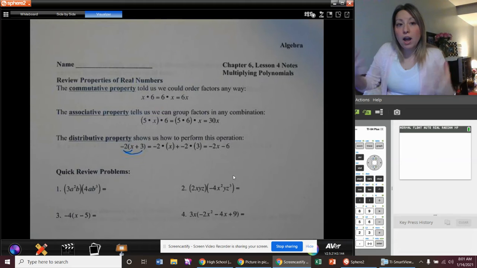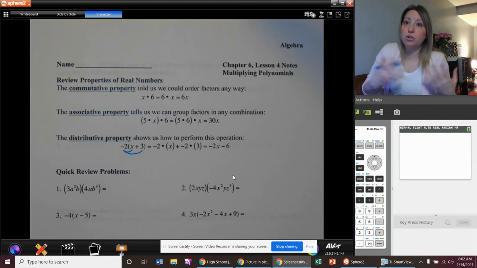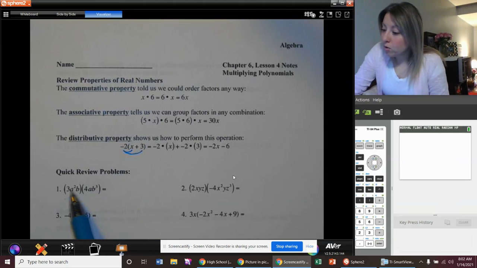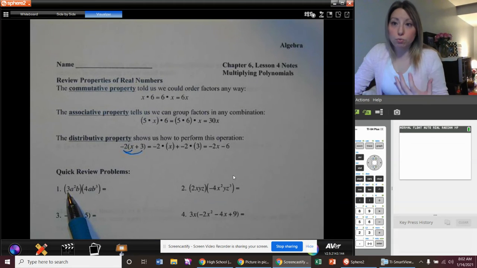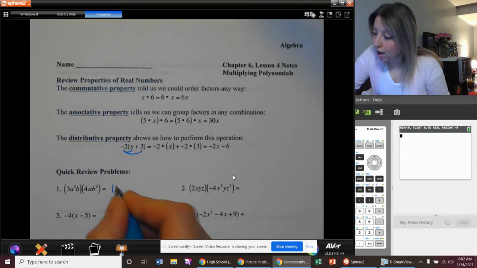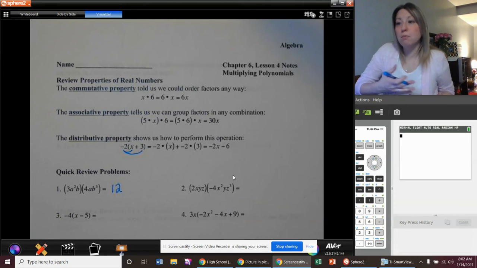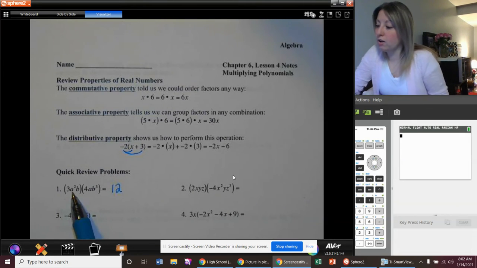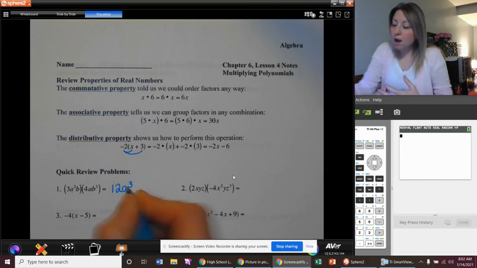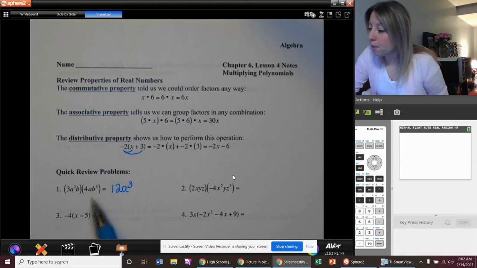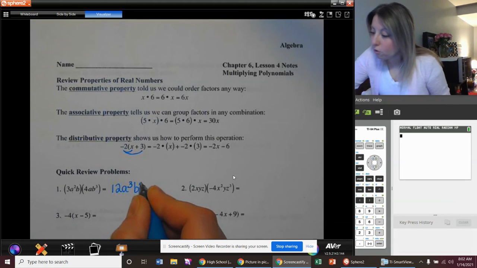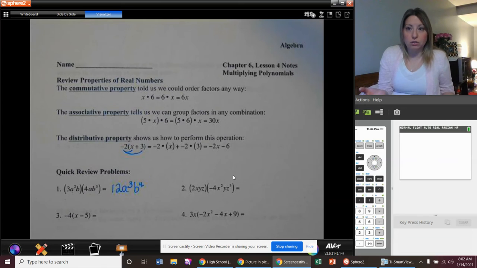So in your head, use the associative property to group the right things together. I'm going to, in my head, group the 3 and the 4 together to get 12. I'm going to group the a squared and a together to get a to the third. I'm going to group the b times the b cubed to get b to the fourth. And that's my final answer.